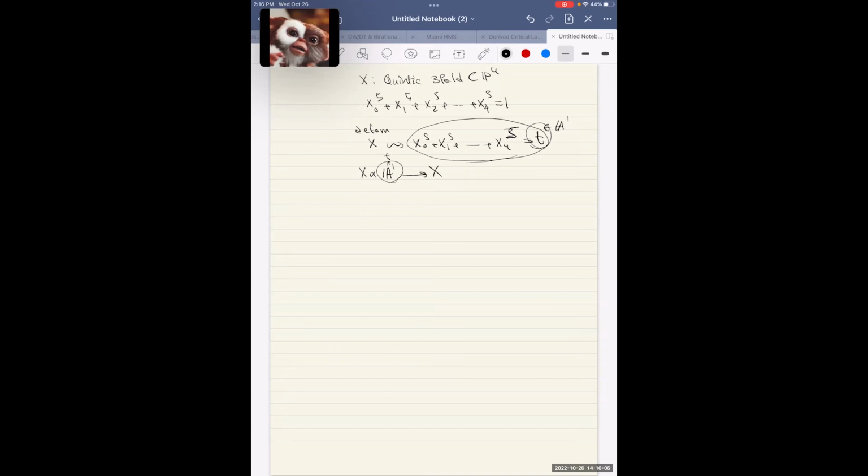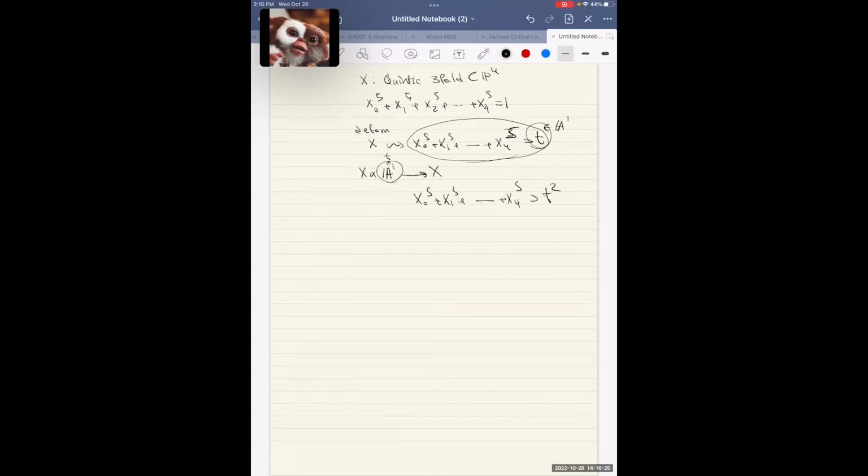Yeah, and then if I want to take T in A1, then I can thicken A1. So I can look at also x0^5 plus x1^5 all the way to x4^5 equal to T square, you see?